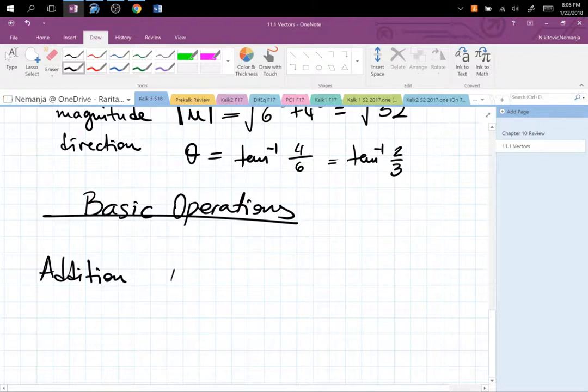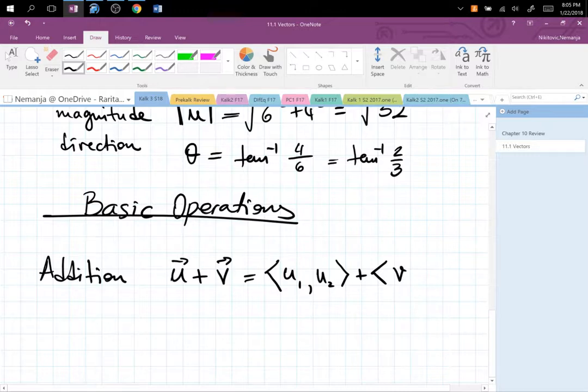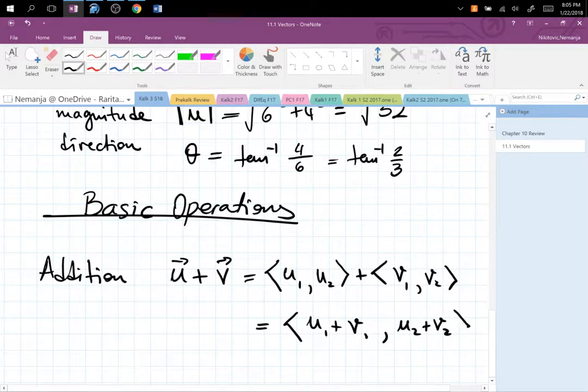Addition. Vector u plus vector v will add components of vector u to components of vector v, obtaining the new vector where the components are added together.